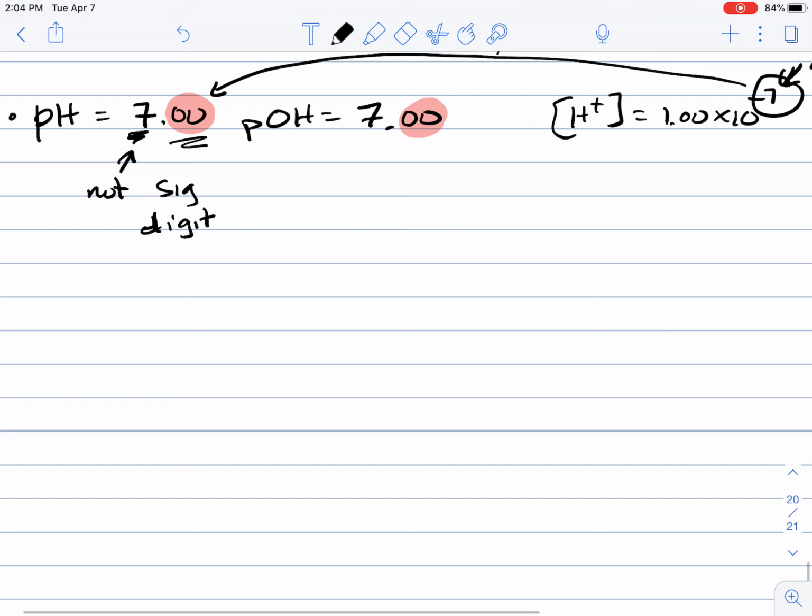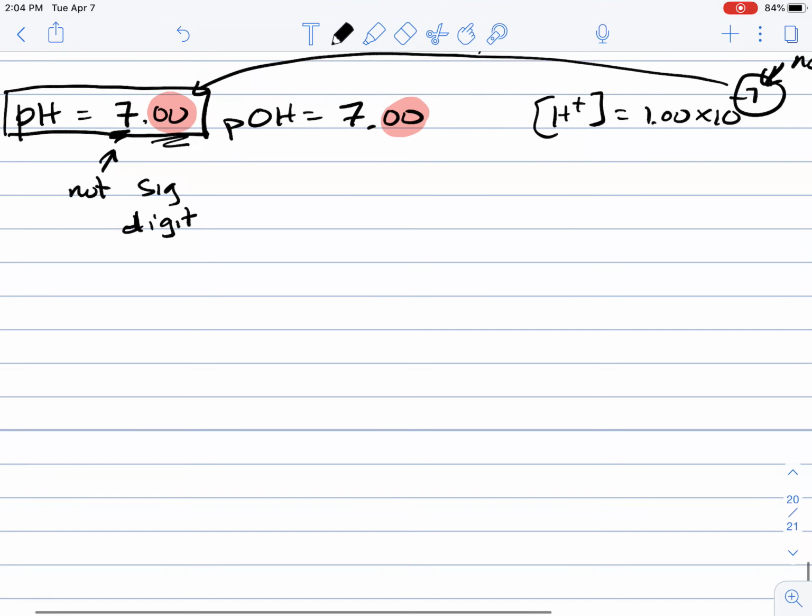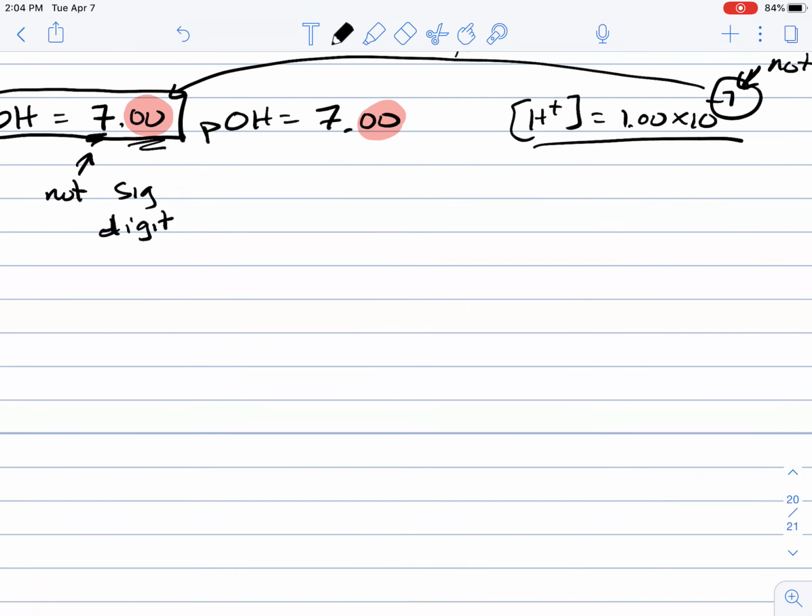All right, so anyways, if you guys calculate the concentration of hydrogen ion when your pH is 7, you are going to get 1.0 times 10 to the negative 7. And if you guys calculate the concentration of OH when the pOH is 7, that's also going to give you 1.0 times 10 to the negative 7.